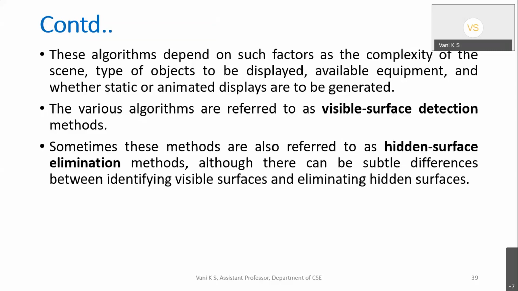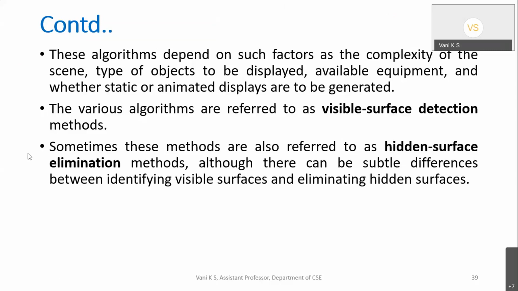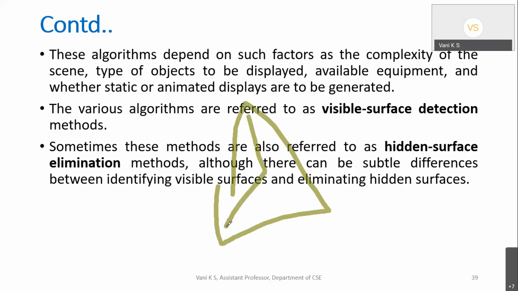In the image based approach, they start evaluating pixel by pixel. For example, if we draw a tetrahedron like this, some surface may not be visible to us. In the object based method, the entire surface will be removed.